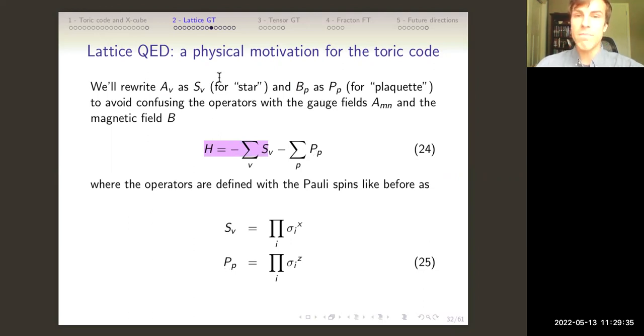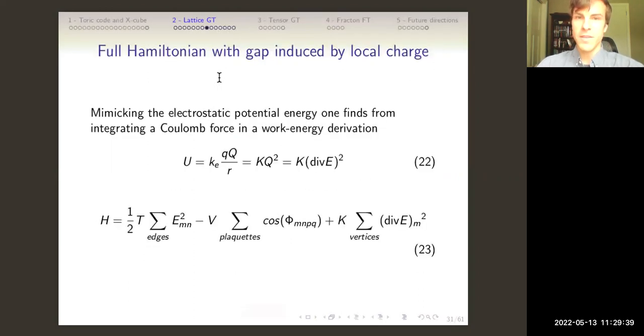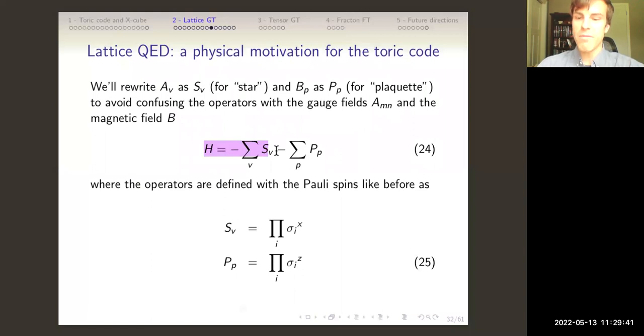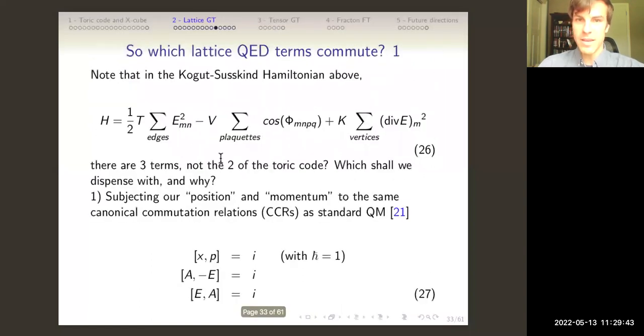The way that we make this identification is to compare this Hamiltonian to this Hamiltonian. Note that we have 3 terms in the Kogut-Susskind QED Hamiltonian and 2 terms in the toric code. And how do we make this relationship between the 2 of them? We already had this condensed matter, classical mechanics argument.